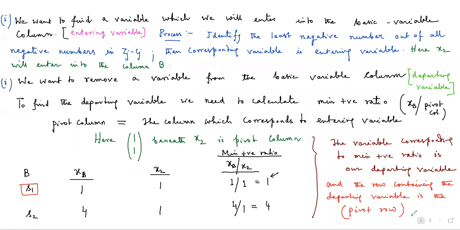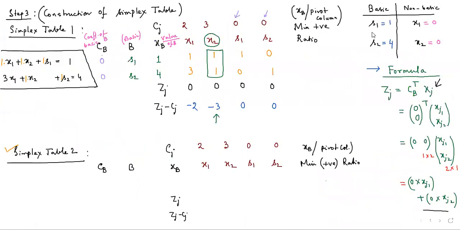I'll come back to this page. Let me identify the pivot row over here. Let me show you. So this row is my pivot row.